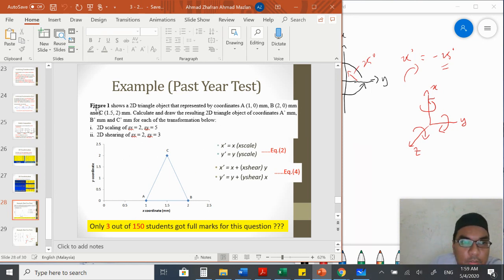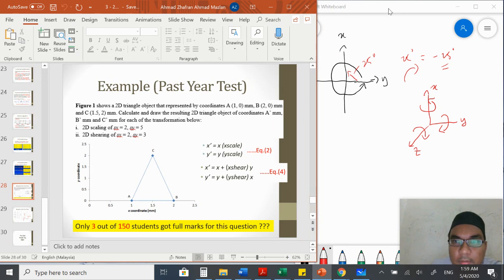So maybe I can show you this example. Figure 1 shows a 2D triangle object that is represented by coordinates A (1, 0), B (2, 0), and C (1.5, 2).